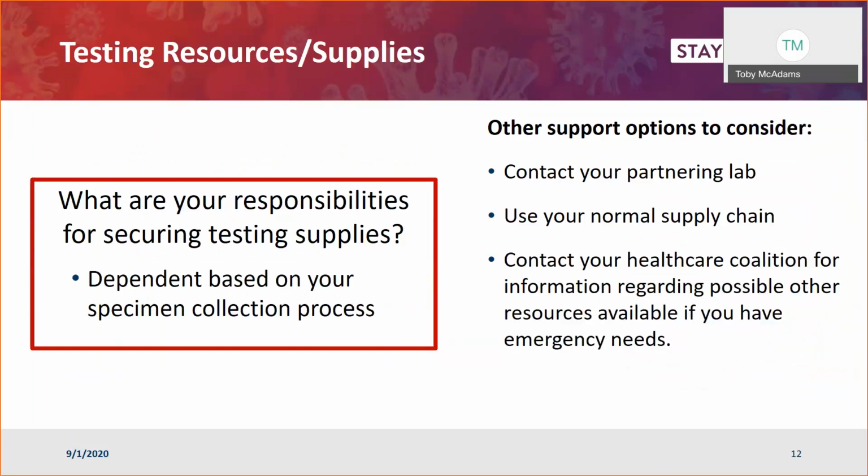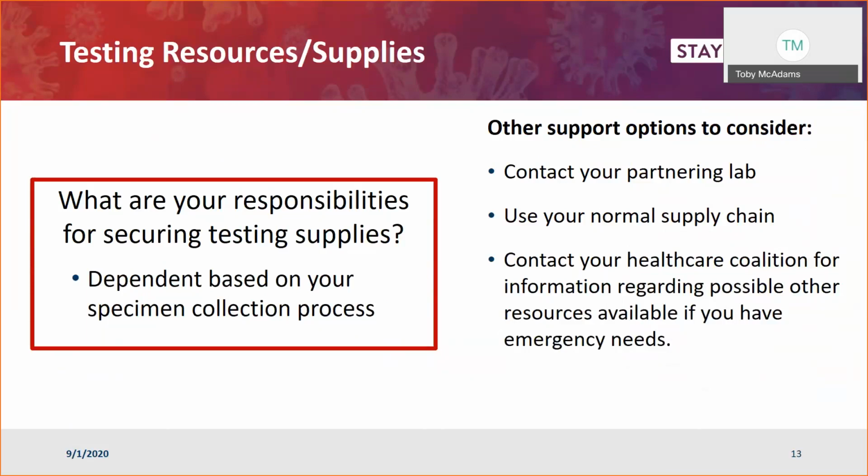The last section before toggling over is that of testing resources and supplies. So here we are going to be looking at very specifically the logistics that you are going to be needing for securing supplies.